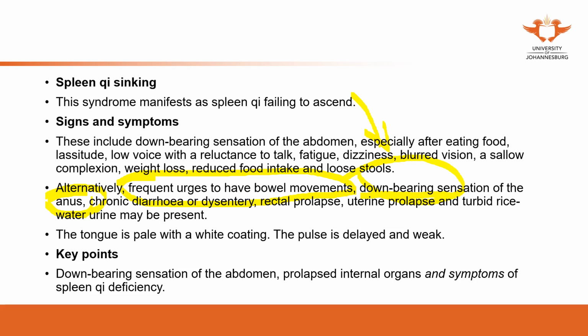The patient also can present with rectal prolapse, uterine prolapse, even turbid rice-water urine. This refers to the urine, where the appearance of the urine is cloudy, looks like the water after you wash the rice.